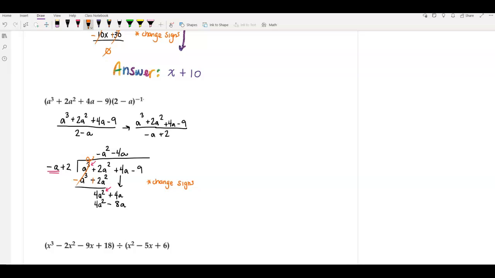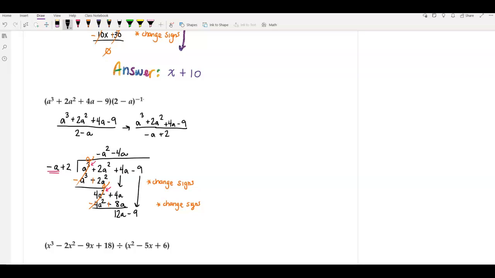Once again, what do we need to do? Change signs. Positives become negatives, negatives become positives, and then we add straight up and down. These cancel. I now have 12a, and I bring down my next term, minus 9.